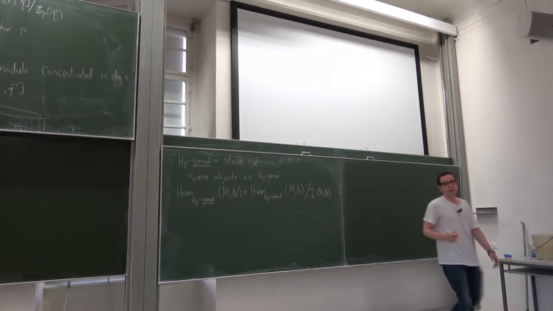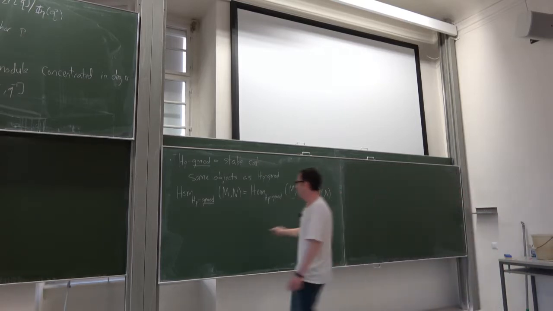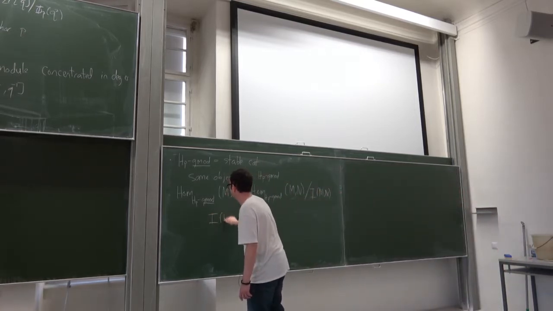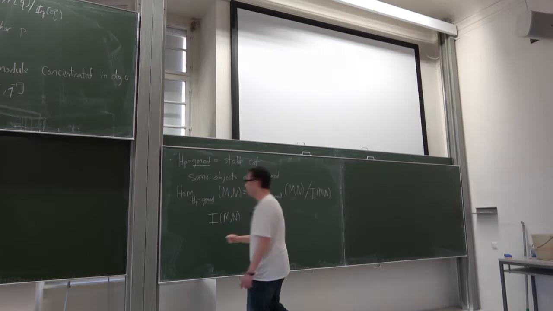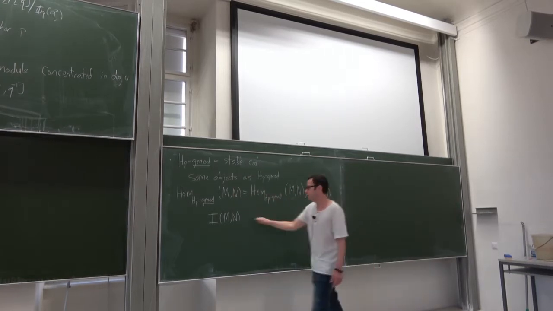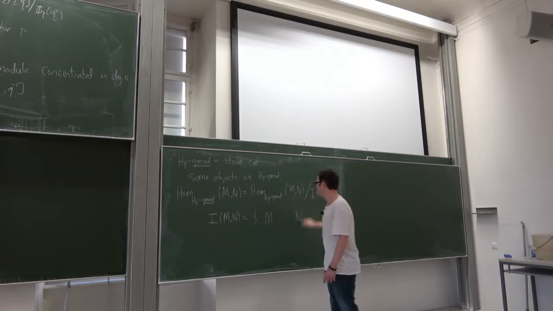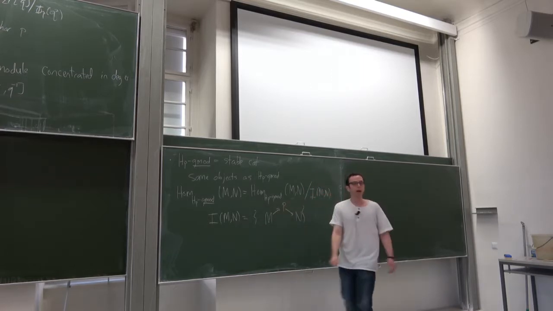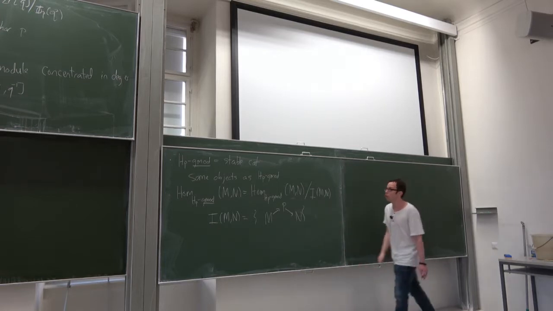And this subspace, I(M,N), consists of all maps from M to N which factor through some projective. So the Hom spaces are different, smaller.